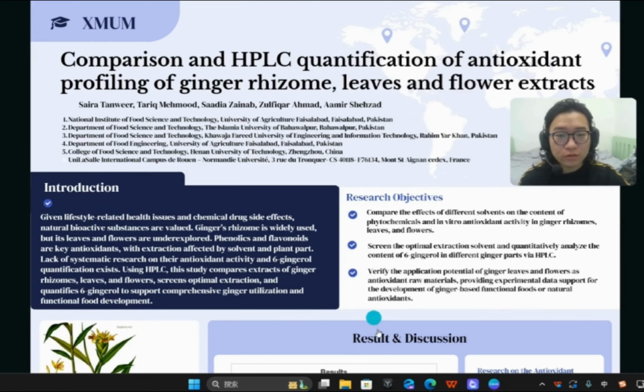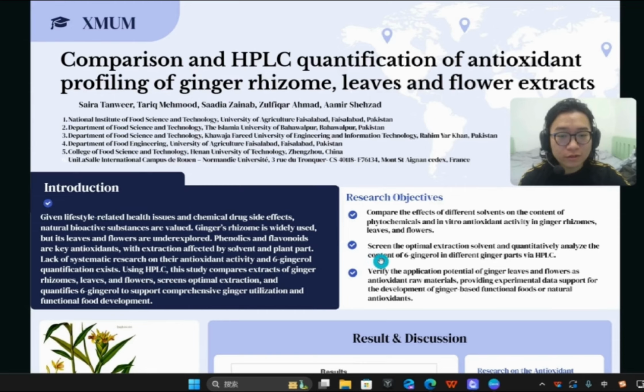And for the research objectives, we have 3 objectives. So the first one is compare the effects of different solvents on the content of phytochemicals and in vitro antioxidant activity in ginger rhizomes, leaves, and flowers.